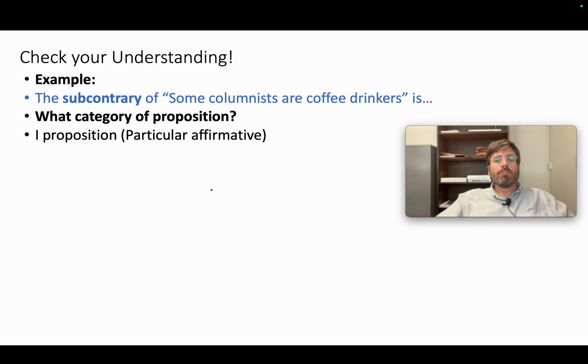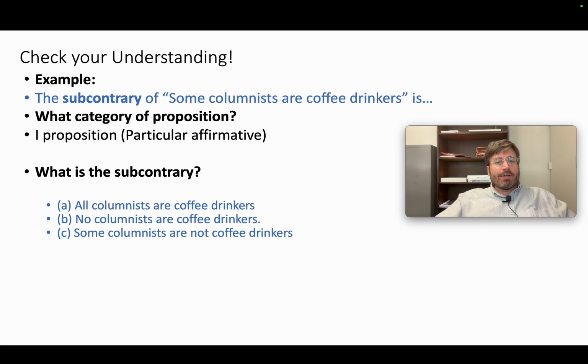This is our I proposition. And which of these do you think is the subcontrary? Is it A, all columnists are coffee drinkers? Is it B, no columnists are coffee drinkers? Or is it C, some columnists are not coffee drinkers? A, B, or C? What is the subcontrary of that I proposition?